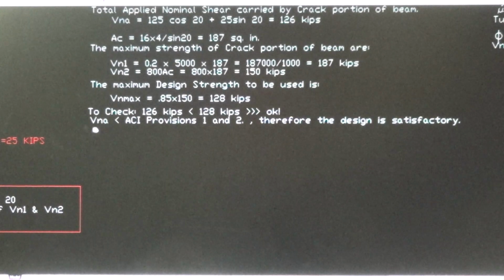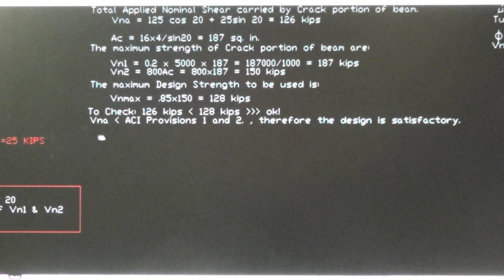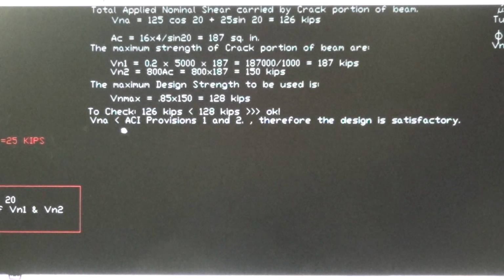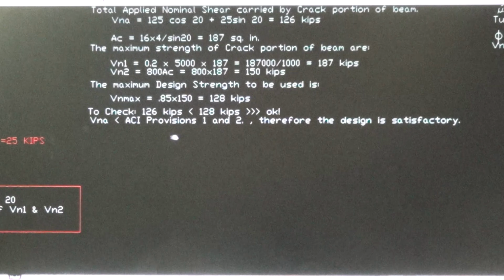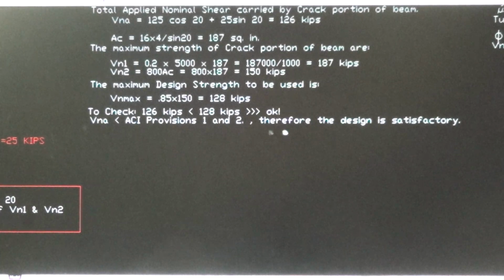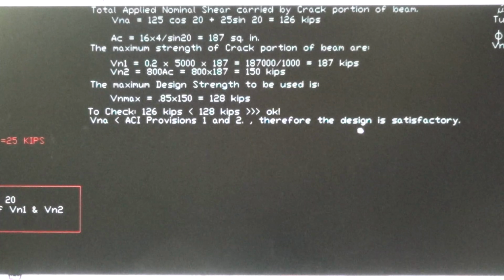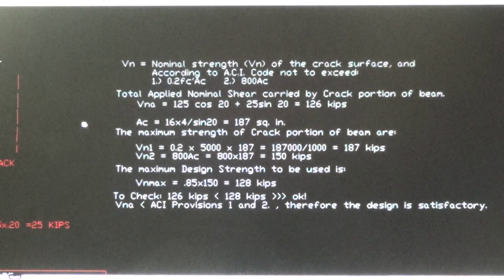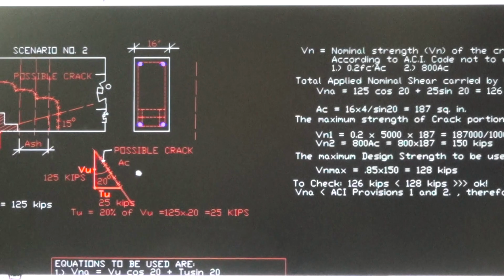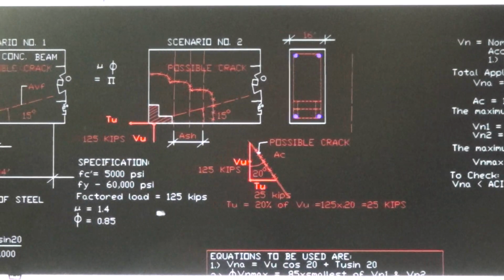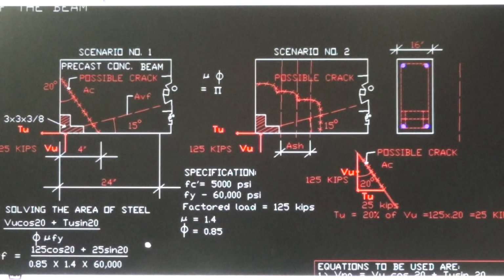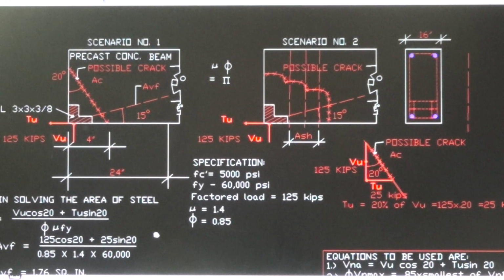So the applied shear force, the VNA, is less than the ACI provisions, either 1 or 2. Therefore the design is satisfactory. Alright, so that's how you design the crack portion of the precast concrete beam so that it is safe.